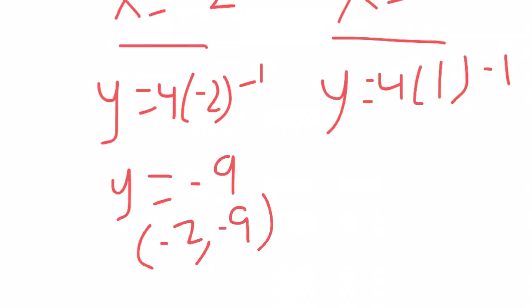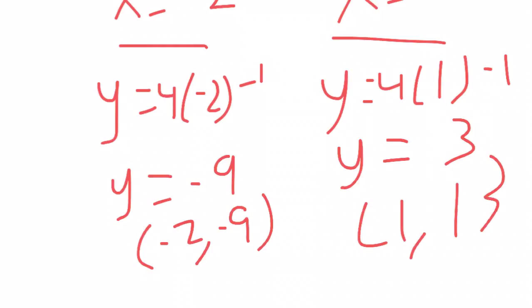And 4 times 1 is 4, minus 1 is 3, so that'd give you the point 1, 3. So that gives you 4 points that are on the graph: 1/4, 0, 0, -1, -2, -9, and also 1, 3.